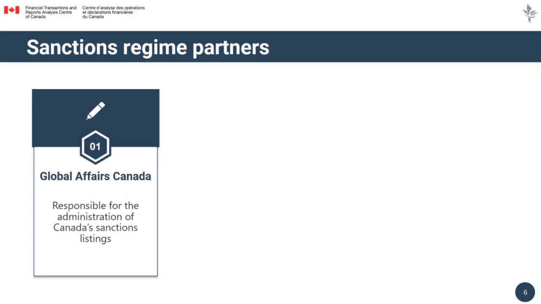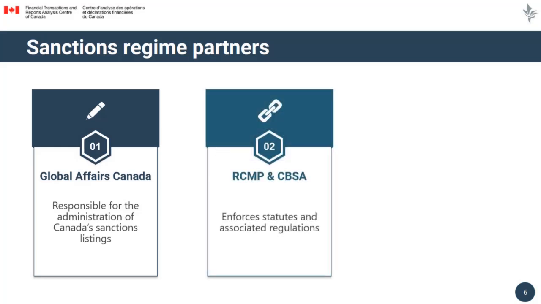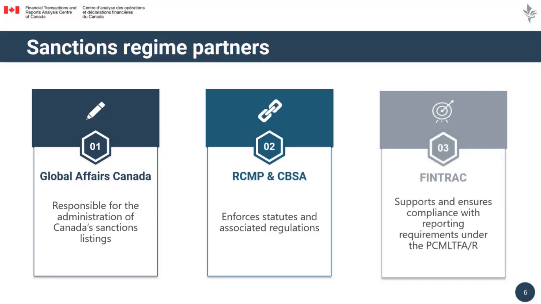Global Affairs Canada is responsible for the administration of Canada's sanctions under the United Nations Act, the Special Economic Measures Act, also known as SEMA, and the Justice for Victims of Corrupt Foreign Officials Act. The RCMP and the Canada Border Services Agency enforce these statutes and associated regulations. FINTRAC supports and ensures compliance with reporting requirements under the PCMLTFA and associated regulations, which includes reporting suspicious transactions where there are reasonable grounds to suspect the transaction is related to the commission or the attempted commission of a sanctions evasion offense, and since March 2nd, 2025, sanctioned property.